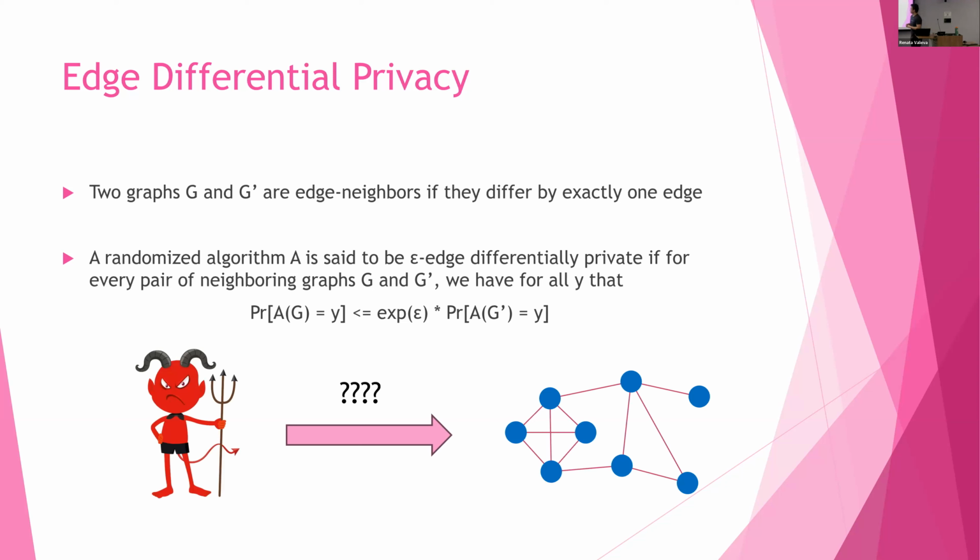The guarantee of differential privacy is that this adversary can't really tell the difference about whether a single edge exists or not. This is because the output of the algorithm is very similar in distribution, so they don't gain any new information whether or not a single edge is added or removed.